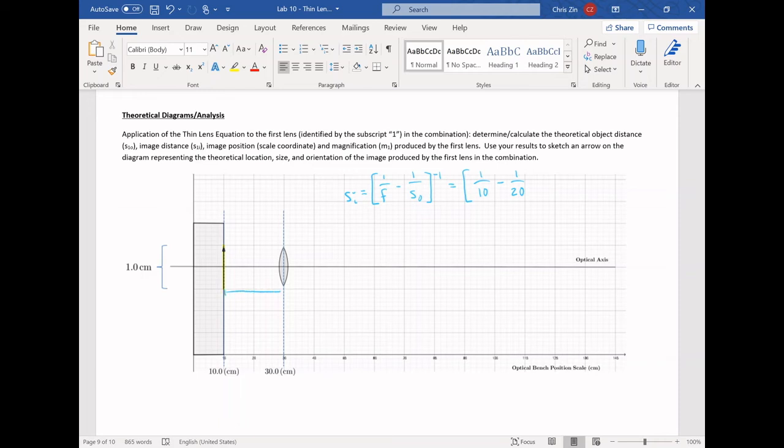And that would be this 20 centimeters right here. And then I take all that to the power of minus 1, which will give me 20 centimeters. Okay, so theoretically we are predicting an image somewhere at that location, 20 centimeters from the lens.